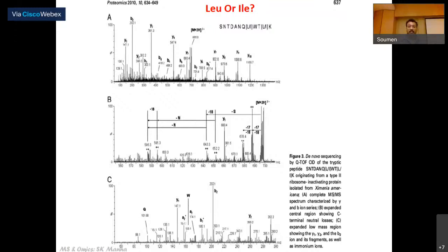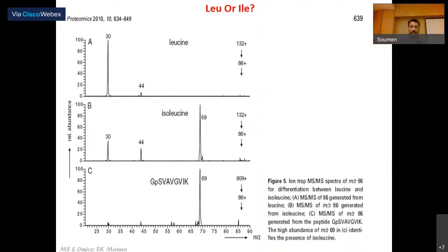So for that, you can choose the B or Y ion corresponding to that leucine or isoleucine containing peptide, and you can fragment it further, for example, as was done here. And only in the case of isoleucine will we get a fragment which is at 69. If you have leucine, you will not get that. So if you find out that in your mass spectrum you have the 69 ion peak, then you will know it is isoleucine.